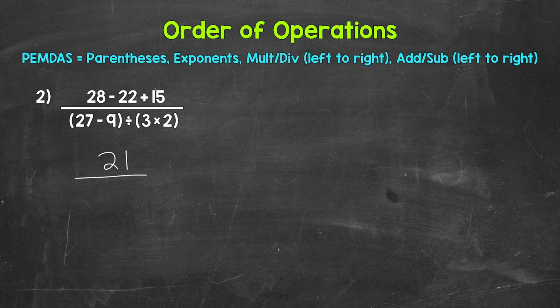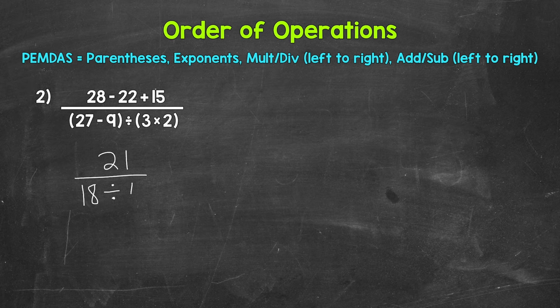Now let's take a look at the bottom, so the denominator here. And we have two sets of parentheses. So we have 27 minus 9 and 3 times 2. For the bottom, we're going to work through this in a couple of steps, since this has a little more to it. Let's work through the parentheses. So we have 27 minus 9, that gives us 18, divided by, and then in the other set of parentheses, we have 3 times 2.